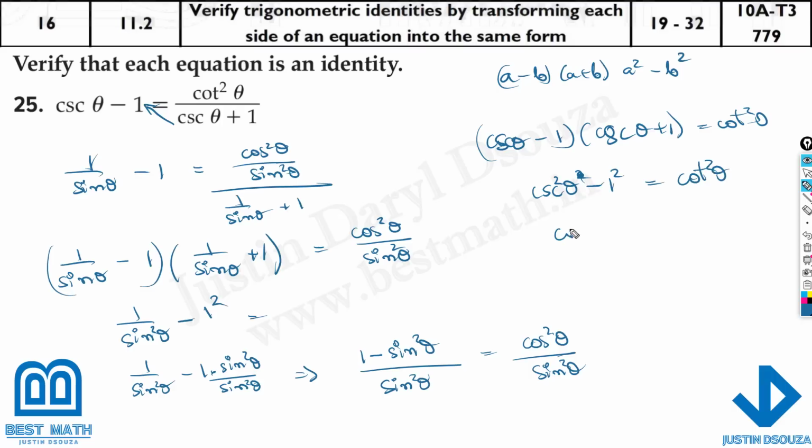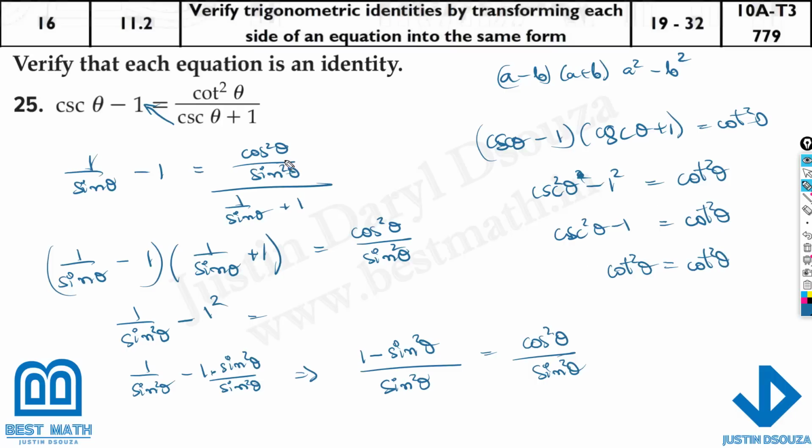And what is cosecant squared theta minus 1? If you remember from Pythagorean identity, cot squared theta plus 1 is cosecant squared. So if we take minus 1 to the other side, this is going to be cot squared, because cosecant squared theta minus 1 is actually cot squared itself. So cot squared theta equals cot squared theta.